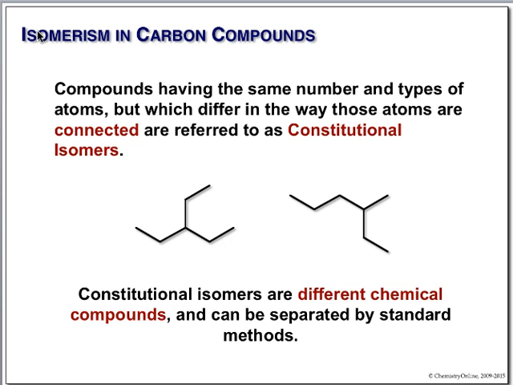Their constitution, their connectivity is different. Here's an example. Here's a little 5 carbon chain with a 2 carbon side chain that we talked about. This is C7H16. Make sure that you can do this too. Remember, that's a CH3. All 3 of these are CH3s, CH2s, and a CH. C7H16. This is also C7H16.